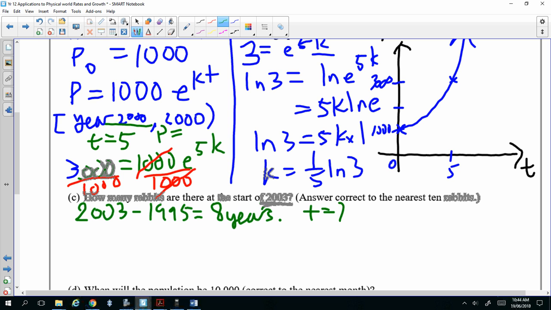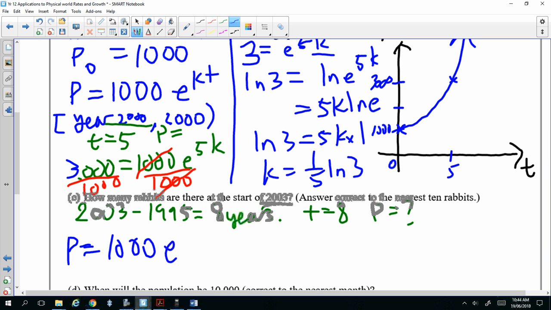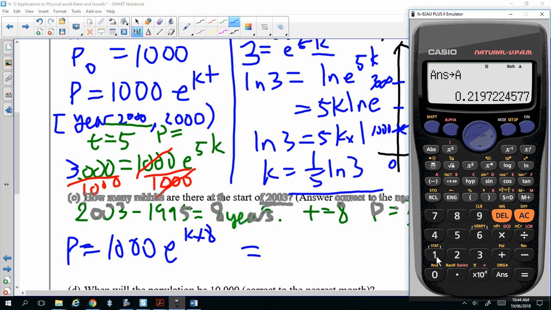So write P equal to 1,000 e to the power of k times 8. Now remember, you found k already from this part. So when you do it on a calculator, you do 1,000 times by exponential, k is alpha A times 8, like this, instead of typing 0.2 something that we did before. Press equal, because otherwise you have to type this long digit in.